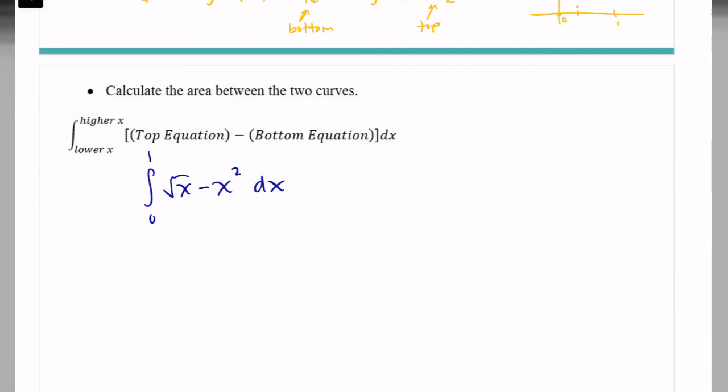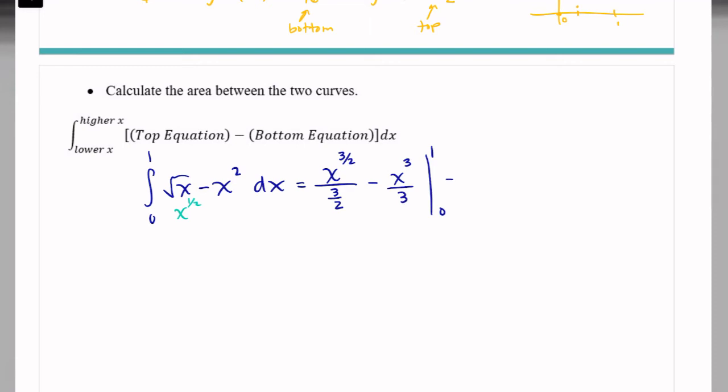Okay, because a lot of times when you have to do this where they don't give you a graph, you don't have a calculator to use. So I need to do the antiderivative, and remember, I'm going to rewrite that as x to the 1/2 first. When I do my antiderivative, I'm going to add 1 to the exponent and divide by my exponent, from 0 to 1.